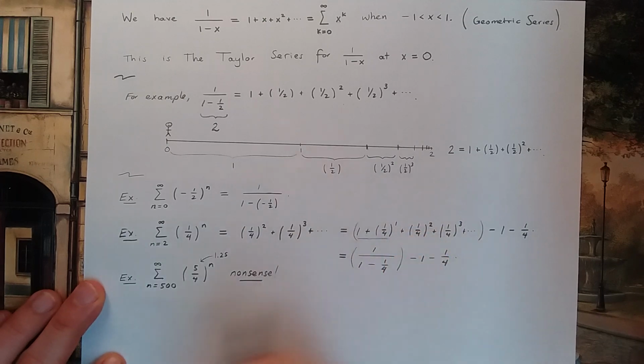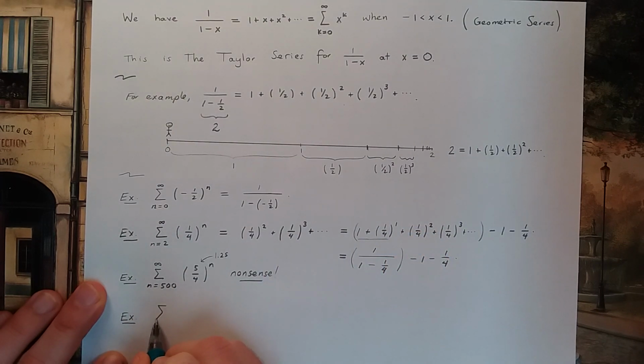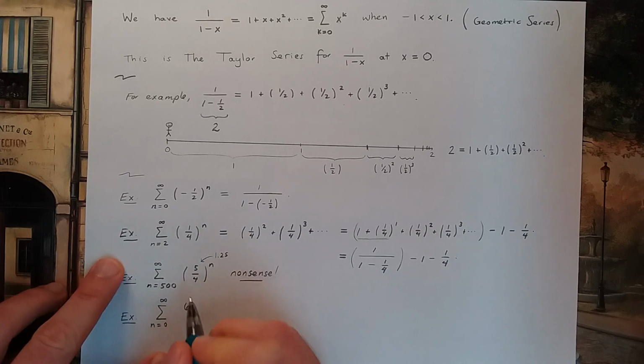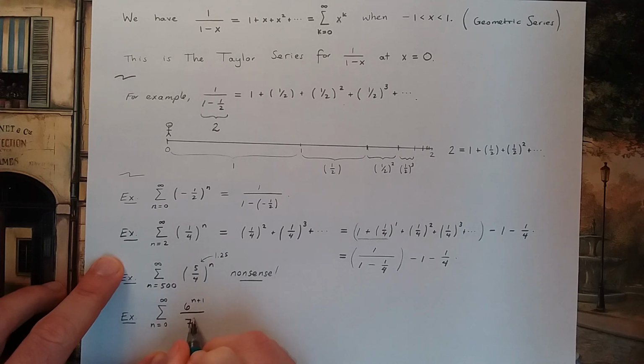Let's do one final example of a geometric series. What if I had the sum n going from 0 to infinity of 6 to the n plus 1 power divided by 7 to the n plus 2 power?